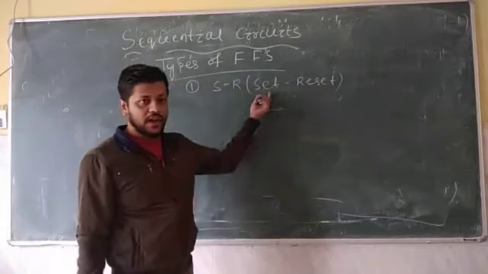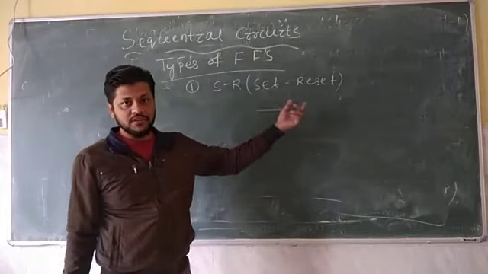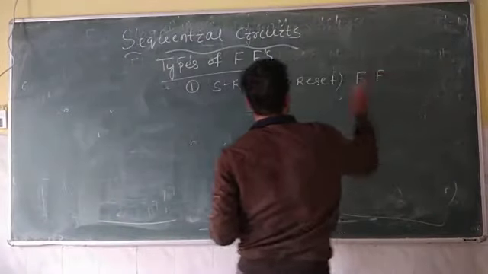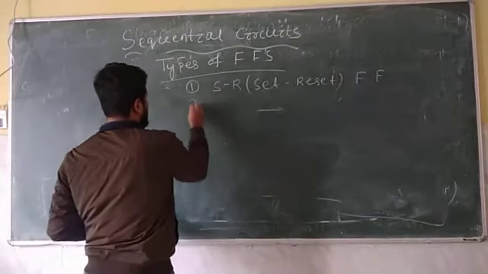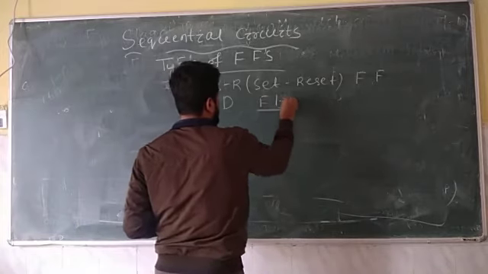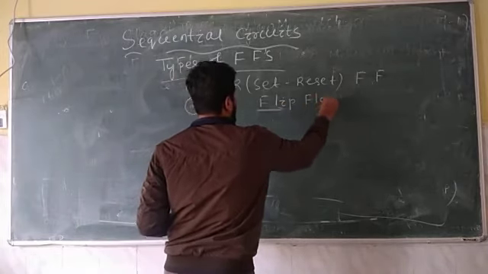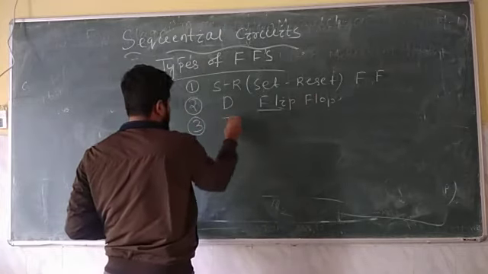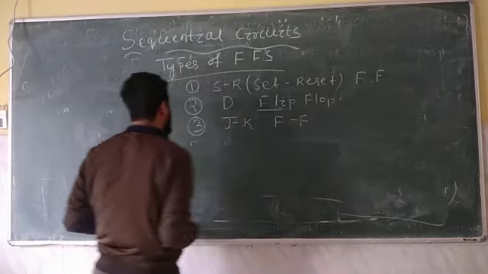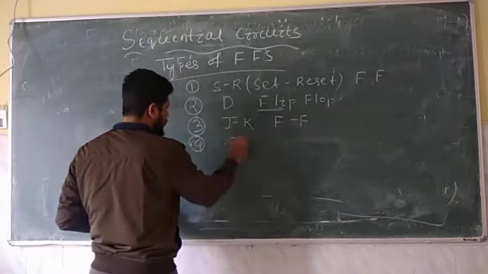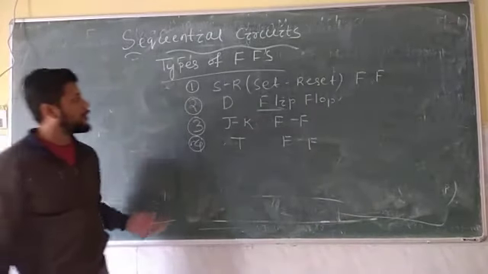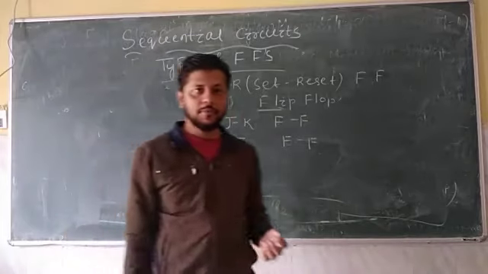Set means 1, reset means 0. So the set-reset flip-flop, or SR flip-flop. Then we have the D flip-flop, then the JK flip-flop, and the fourth one is the T flip-flop. So we will study these four types: SR, D, JK and T flip-flop.